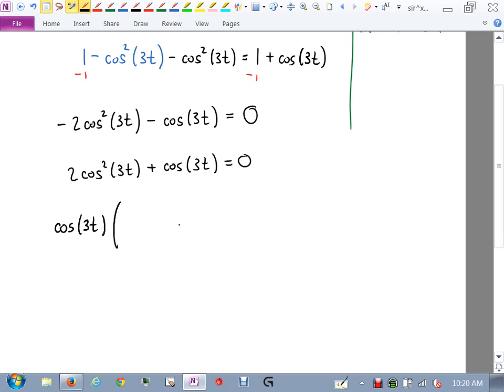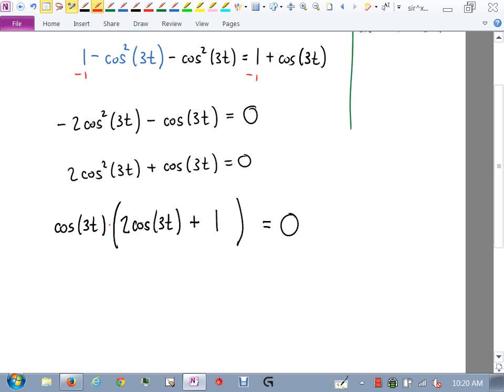What you will be left with is what? 2 cosine 3t. Be careful with that 2, right? It didn't come out. Then plus 1. You can always check your factoring by multiplying back through. Here to here should give you this. Here to here should give you that.